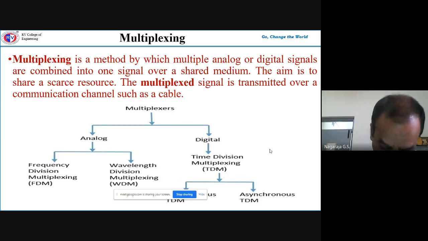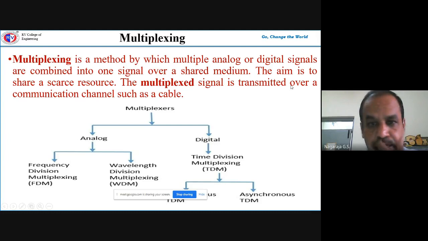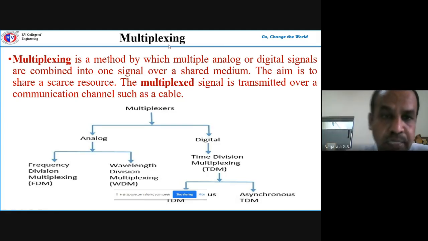Multiplexing. When I'm talking about multiplexing, our focus is on wavelength division multiplexing and dense wavelength division multiplexing. Let us first understand what multiplexing is. I think all of you are very familiar with multiplexing. It's a method by which multiple analog or digital signals are combined into one signal over a shared medium.